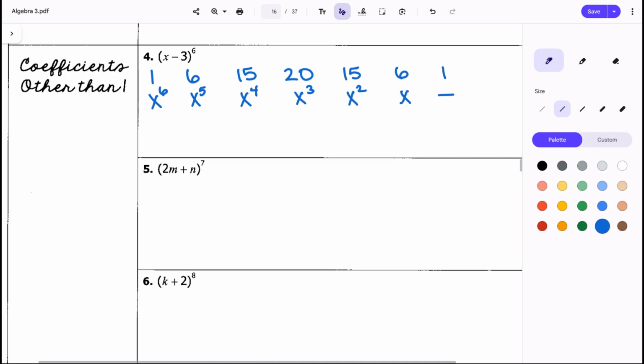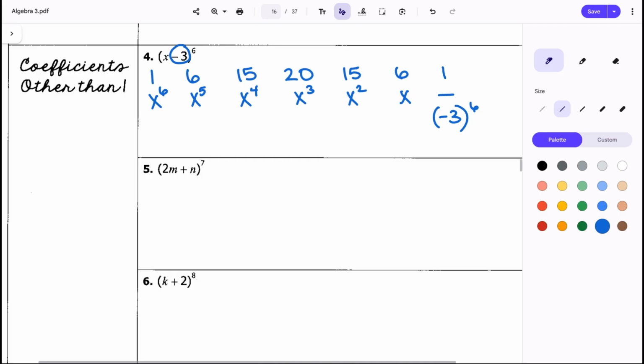Okay, and then we're going to have this 3. Now, we got to be careful with this one because you see how it's a minus up here and not a plus? So really what we're doing is a negative 3. So be careful with the signs. If it was a plus sign, I wouldn't be mentioning this, but because there's a minus sign, technically what you're doing is a negative 3 to the 6th power.